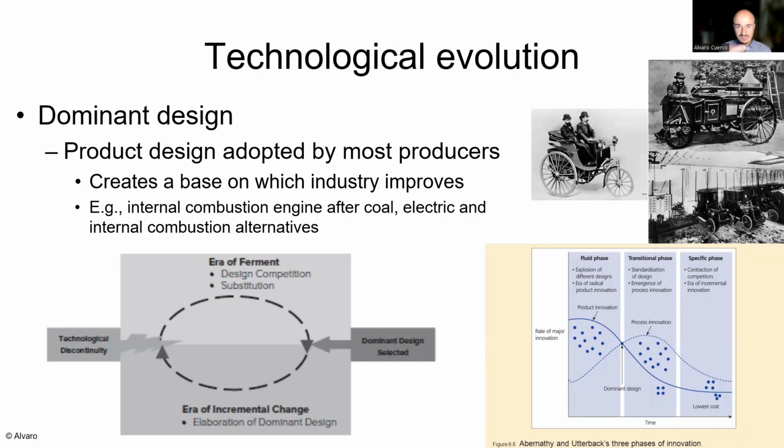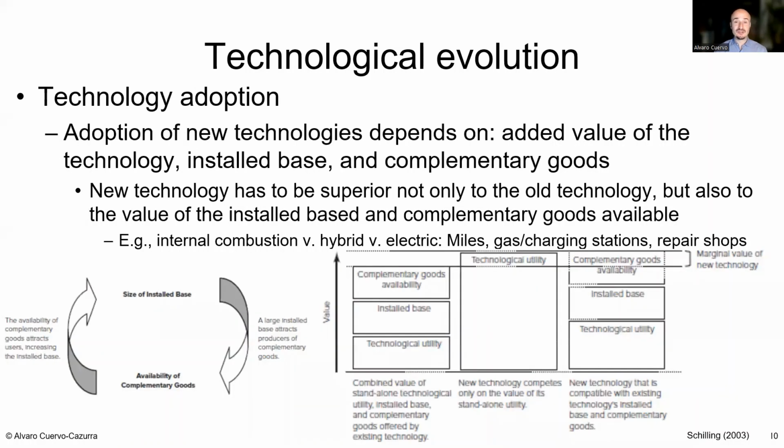Once that particular dominant design wins, what we see is now another second wave of innovations, mostly in the process, so that they are going to be able to reduce the cost of creating the products and then selling them in the market. So let's get now into adoption.